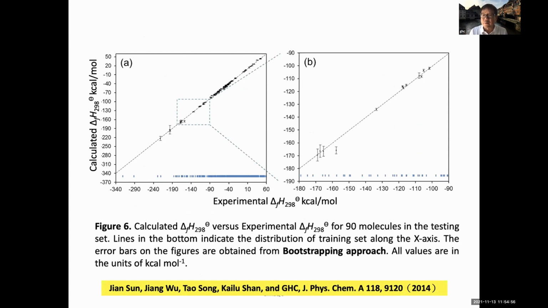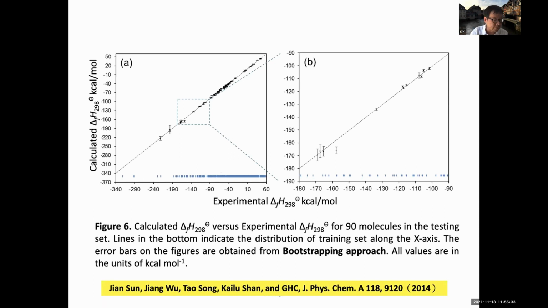Later on, we can actually make use of machine learning to tell the uncertainty of our predictions. Now, when we do a calculation, we don't tell how accurate the result is. Now we can do it, using machine learning. Here the error bar given is the uncertainty of the calculation, and here you see a lot of short blue lines, each representing a molecule in the training set.